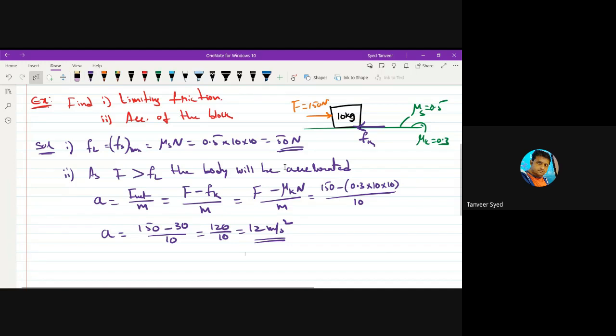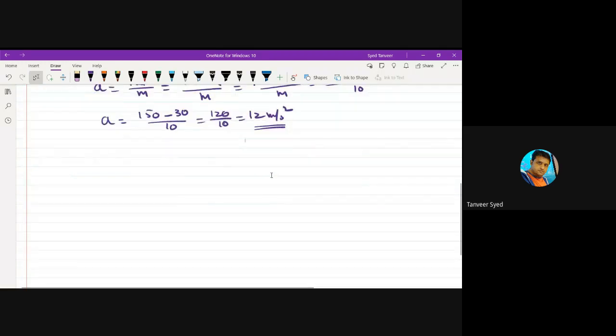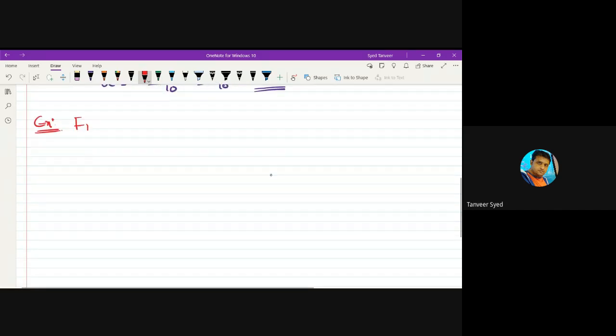Next, the situation is like this. This is a block of mass 4 kg, tied with a string running over a pulley.